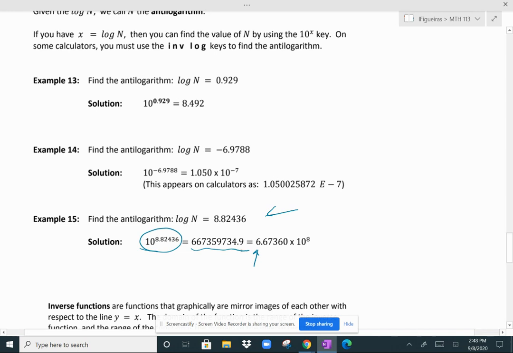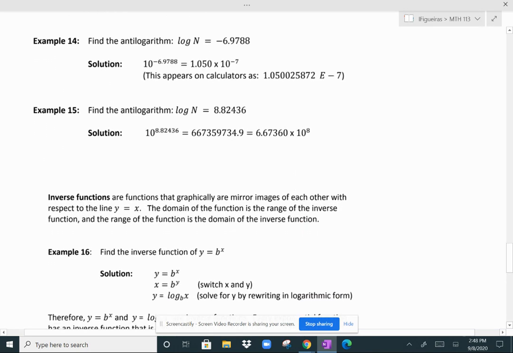And then you would just put 10 to how many times you moved your decimal point. So here the decimal point gets moved 1, 2, 3, 4, 5, 6, 7, and 8. So that's the same as 6.67360 times 10 to the 8th power. Notice here I rounded. So again, you would want to round according to the directions that are given in the problem.